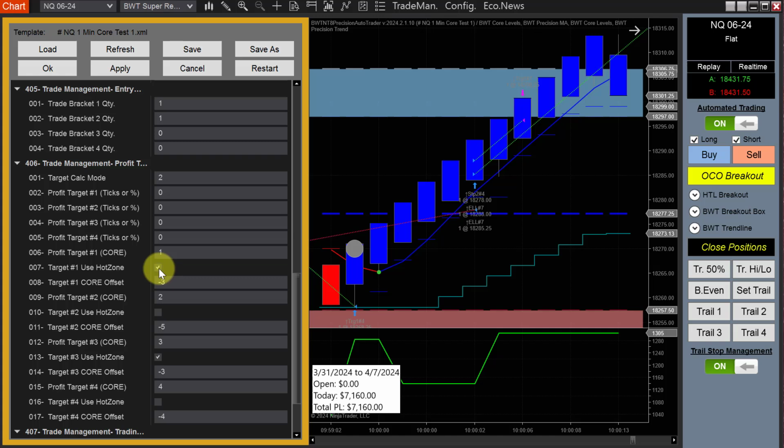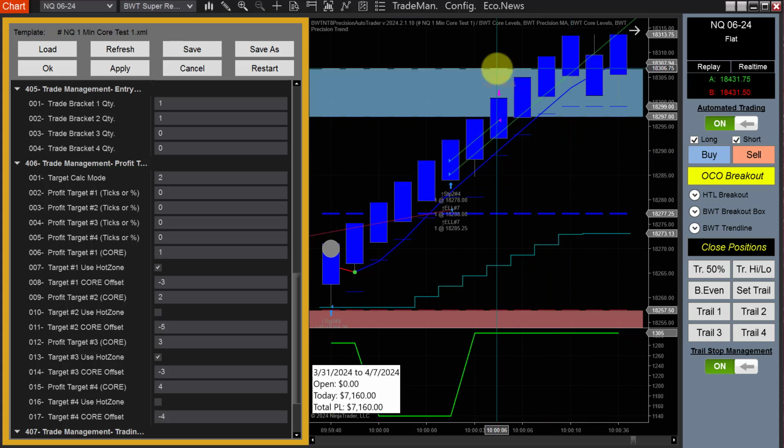So if this was unchecked, the lower mid here, or the upper mid, would be my first target, not here at the core or the hot zone. So that's what this checkbox is right here. If that's unchecked, then my target's going to be up here.